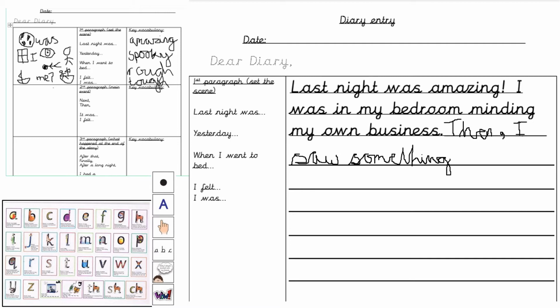Remembering to dot my I's and cross my T's after I finish writing my word. Great, there's my next sentence. Then I saw something spooky. I need to put a full stop on the end, mustn't forget my punctuation.